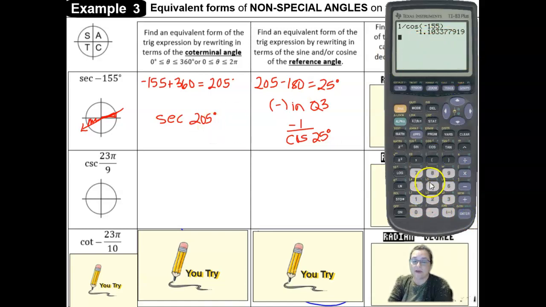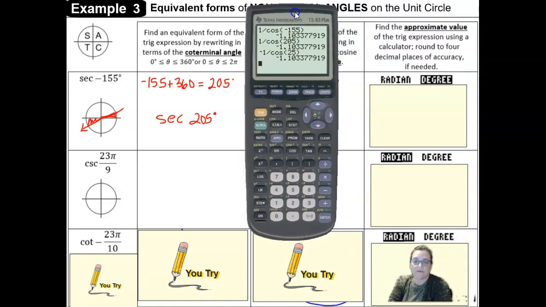Then we'll compare that to 1 divided by the cosine of 205 degrees, and those are equivalent. And we'll compare that to negative 1 divided by the cosine of the reference angle, 25 degrees, and all three of those expressions are equivalent.